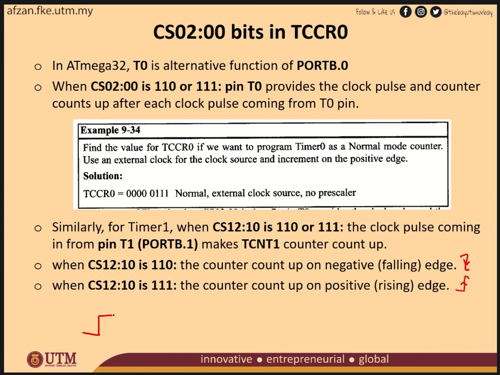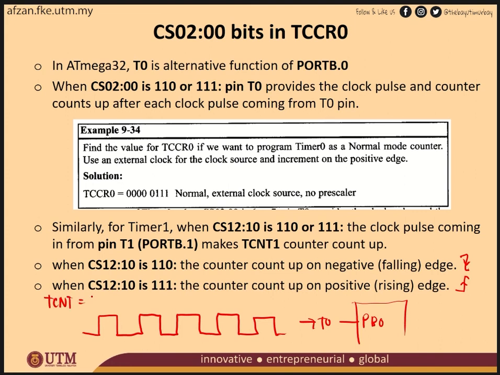Something like this: this is the signal going to your T0, which is PB0. Your TCNT will start incrementing by 1 whenever it sees a rising edge, if you set it to 111.